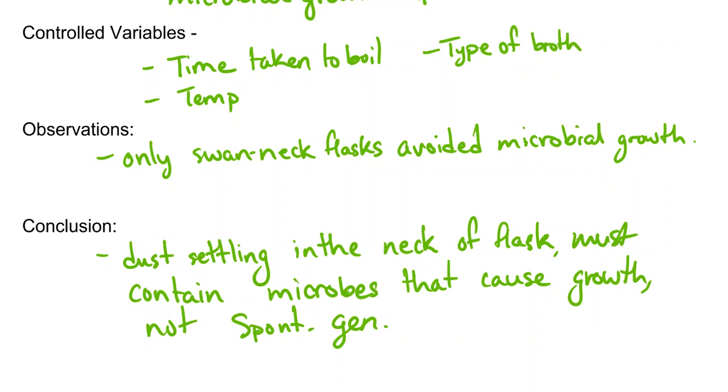You can't argue that the air didn't have access to this flask. So the air had access to the flask, so the vital force or the life force had access to the broth, but it's been 150 years now, and nothing has grown in that flask, right? So there had to have been something else in the works.